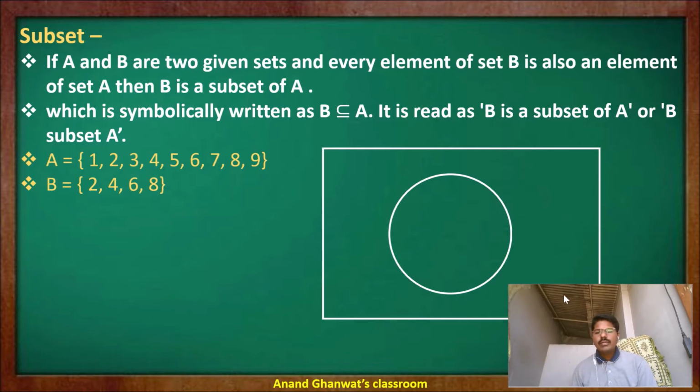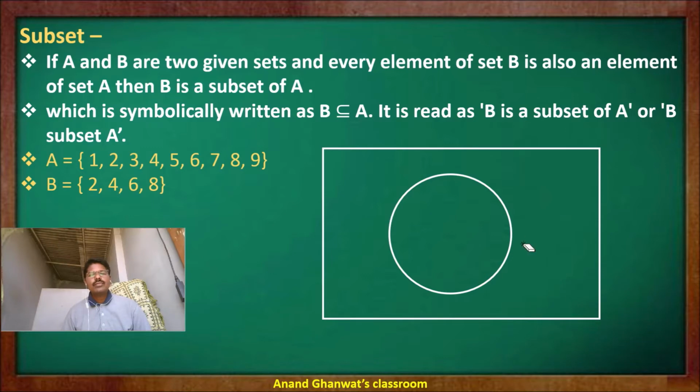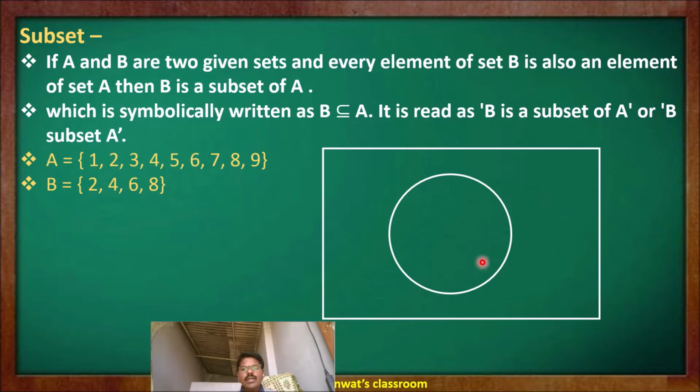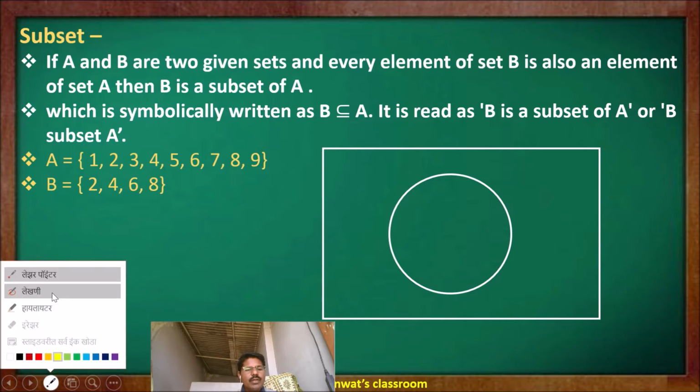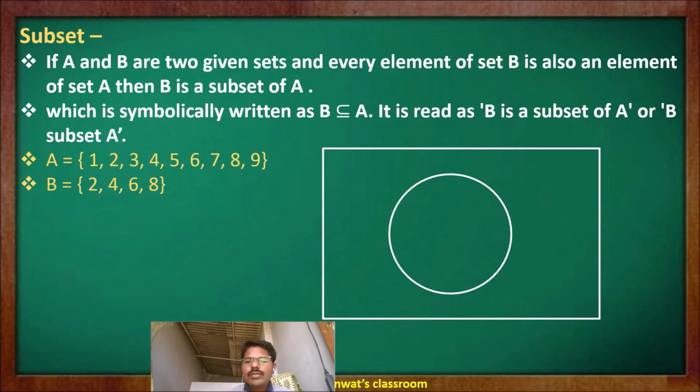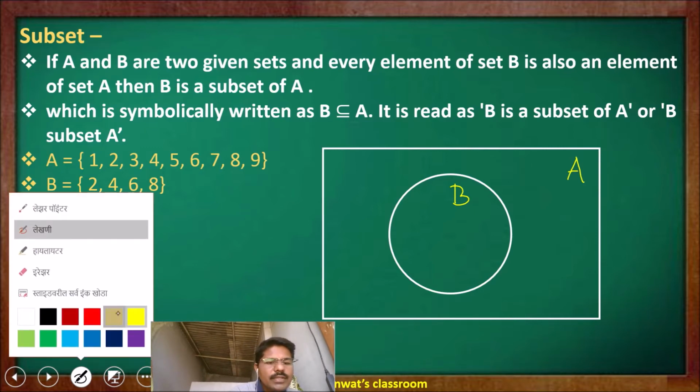Here we are going to use two closed figures, that is a circle to show set B and a rectangle to show set A. Give the names. So set B is here and set A is here. Now represent elements in each set.